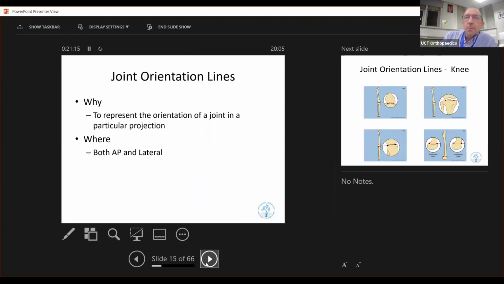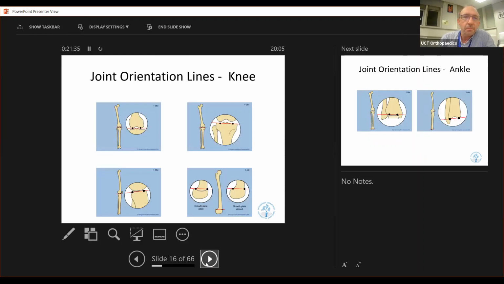Next, we just remember that we look at joint orientation lines. Why would we do such a thing? Well, if there is ligamentous laxity or joint disruption, you might have normal axes of the bones themselves, but within the joints, there might be malalignment. And you'd look at this both in AP and lateral.